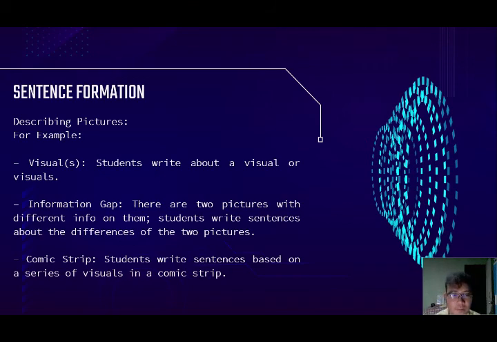Teachers can research a comic strip wherein there are no conversations yet, only the characters and the setting, and let the students formulate the conversation for each character. You will be surprised at how imaginative our students are.